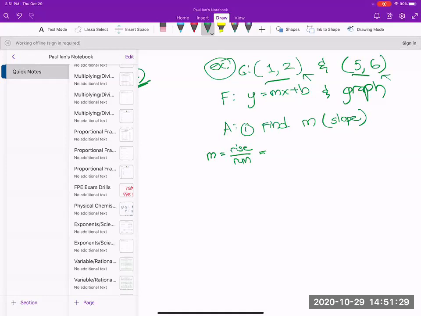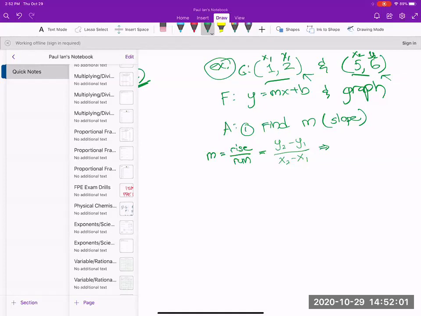The rise would be the difference in the y's, and the run the difference of the x's, the horizontal. So that's the equation: m is y2 minus y1 over x2 minus x1. Remember, this is x1, y1, x2, y2. So tell me the numbers.